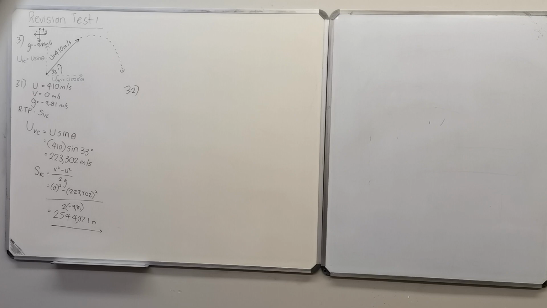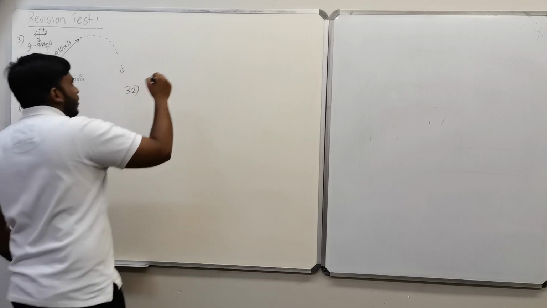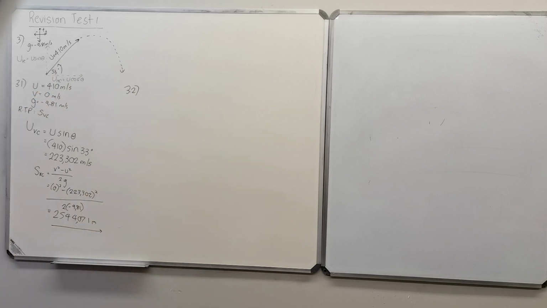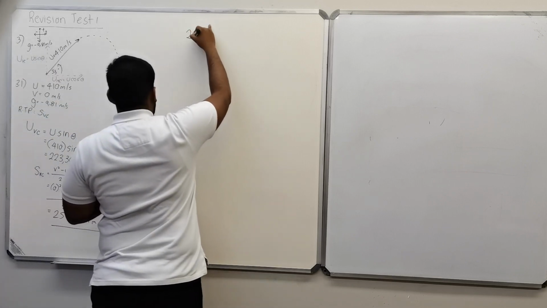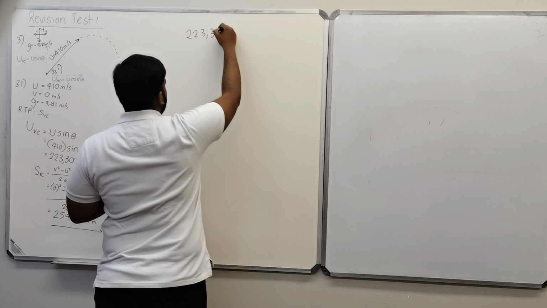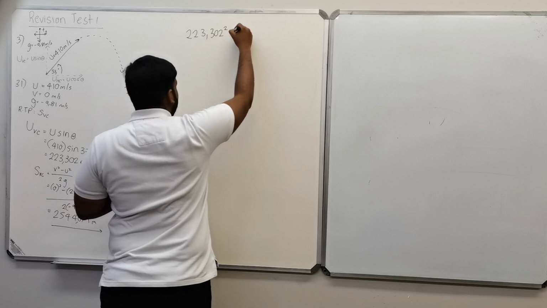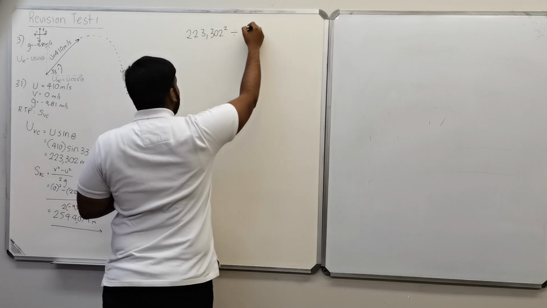Because when you do it like that on a straight line, what you basically did was, tell me exactly how you pressed your calculation. I think you divided by the 2. So you did 223.302 squared divided by 2 times 9.81 squared. Let's put brackets in.